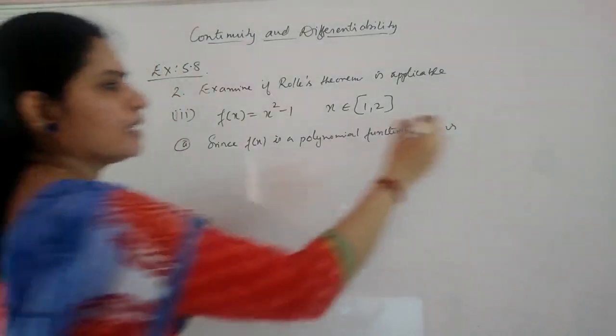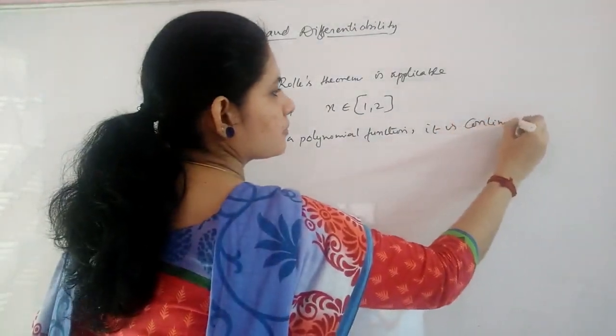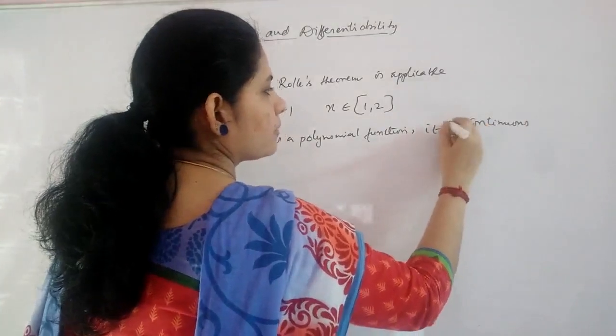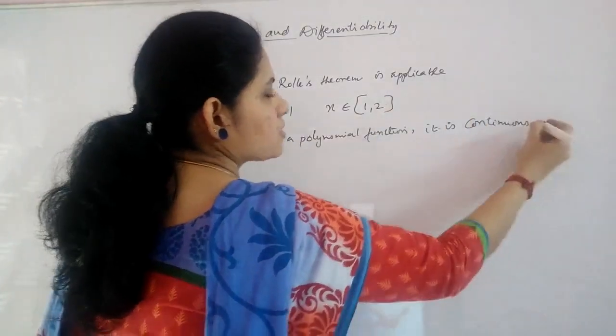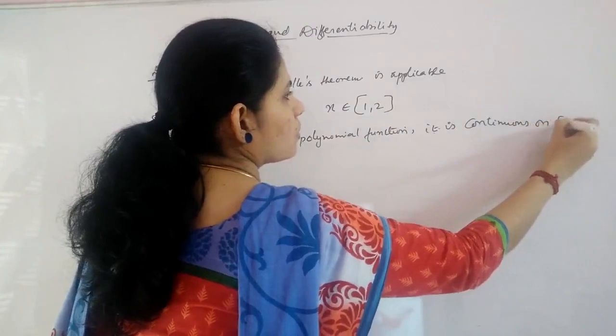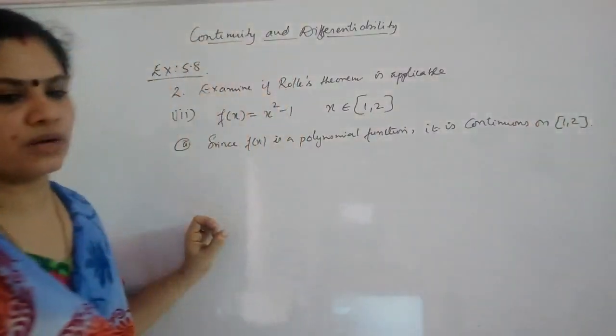It will be continuous every time, so it is continuous on closed interval 1 comma 2.